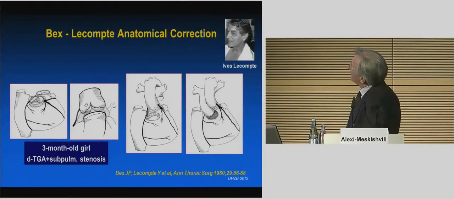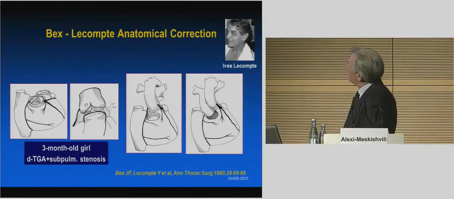Another is the Bex-Lecompte anatomical correction. You know that Lecompte is a very innovative surgeon. He did many very new, interesting operations, and he did his first translocation operation. He translocated the pulmonary artery and the aorta in a 3-month-old with transposition, subpulmonary stenosis, and a good pulmonary valve. This was successful and published in 1980.